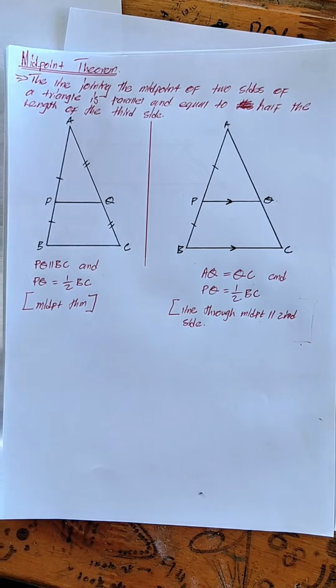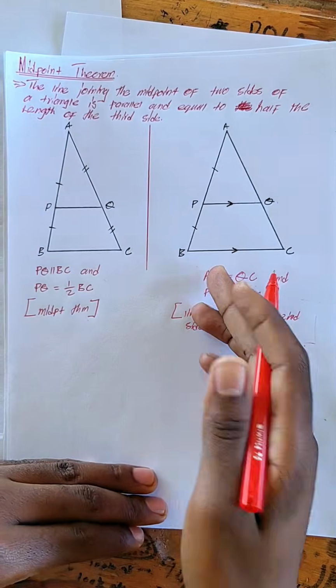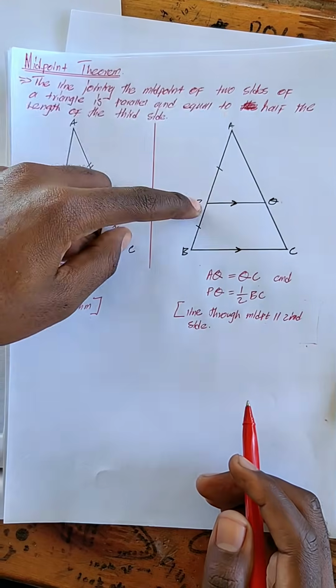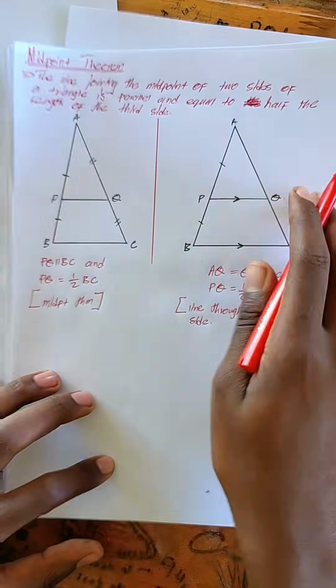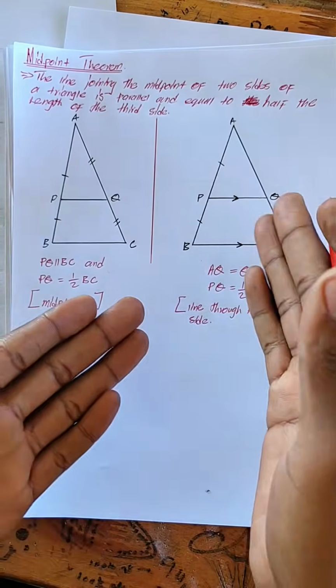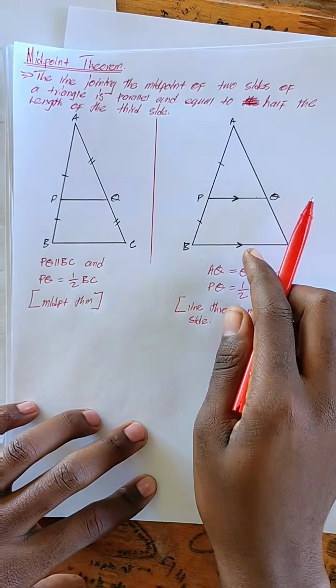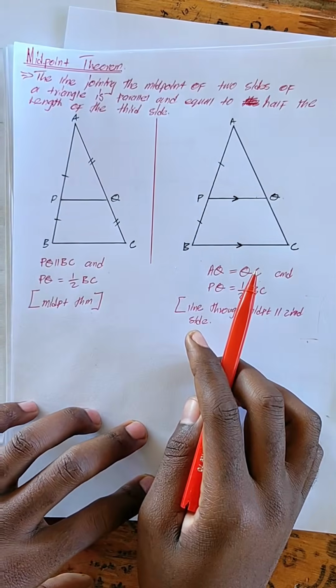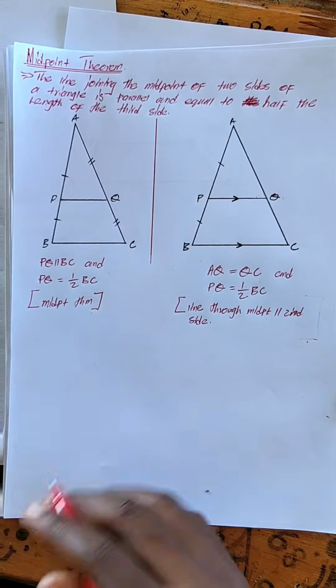That is according to the midpoint theorem. And in this other case, when you are given that the length from here to there equals the length from here to there, and this one is parallel to this one, our conclusion will be this one equals this one, and this one is half the length of that one, because this time it is given that the two sides are parallel.